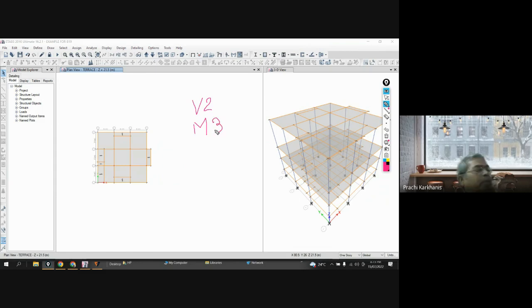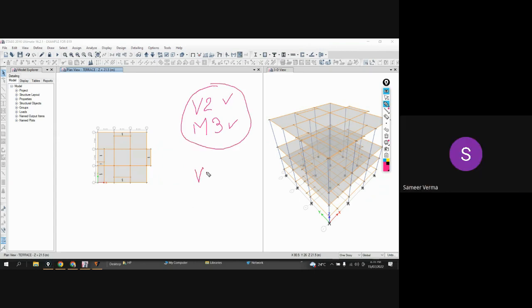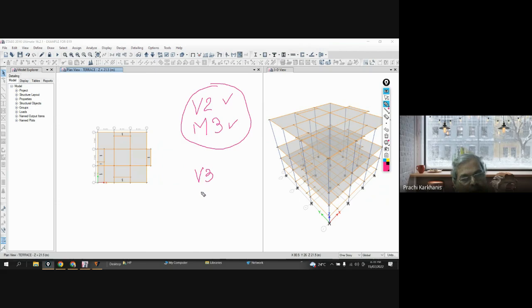Okay, so this is major shear force and this is major bending moment. If you consider V3 and M2, then this is for minor shear force and minor bending moment, or bending moment about minor axis and shear force about minor axis.